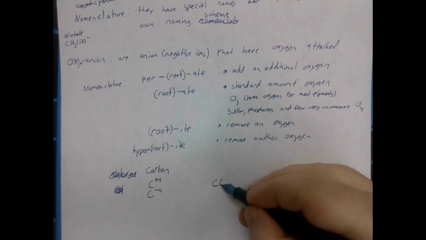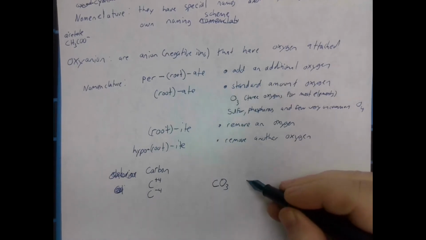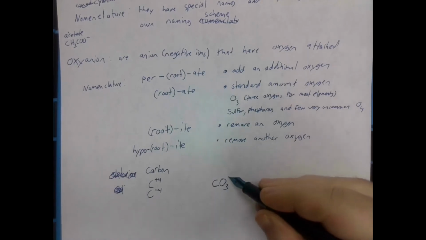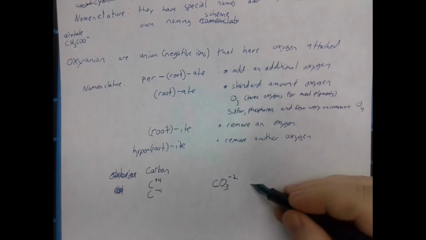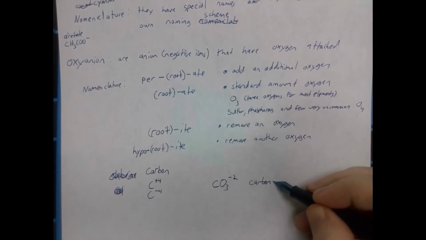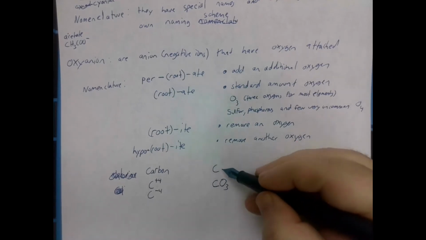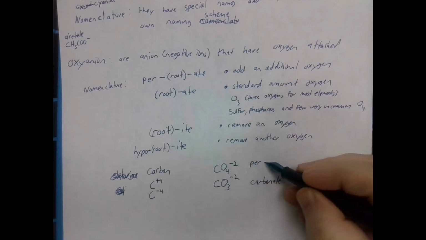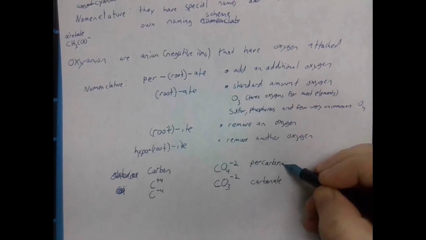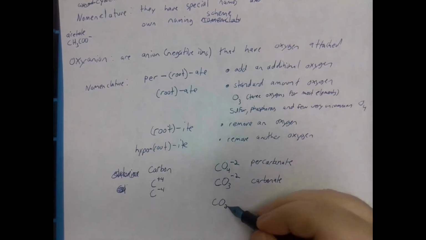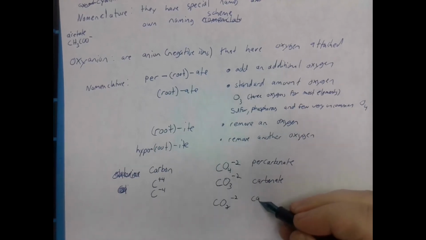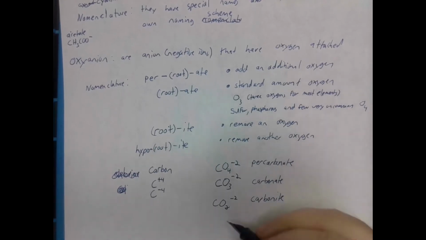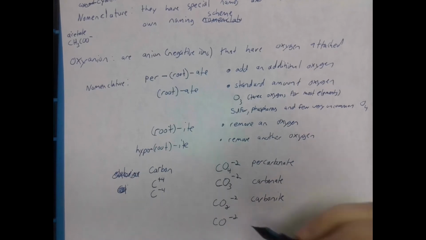We can add, standard is with O3 and it becomes -2, and this would be carbonate. If we add an oxygen, it becomes percarbonate. If we remove an oxygen, it becomes carbonite. And if we remove another oxygen, it becomes hypocarbonite.